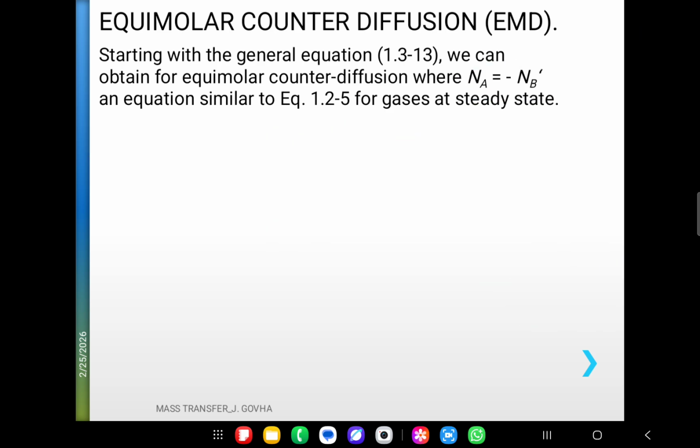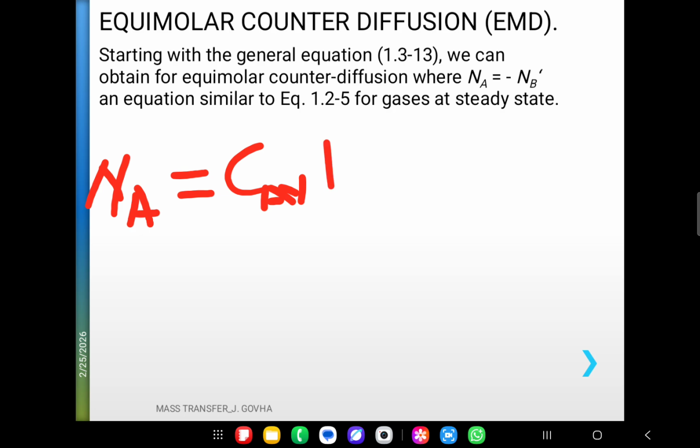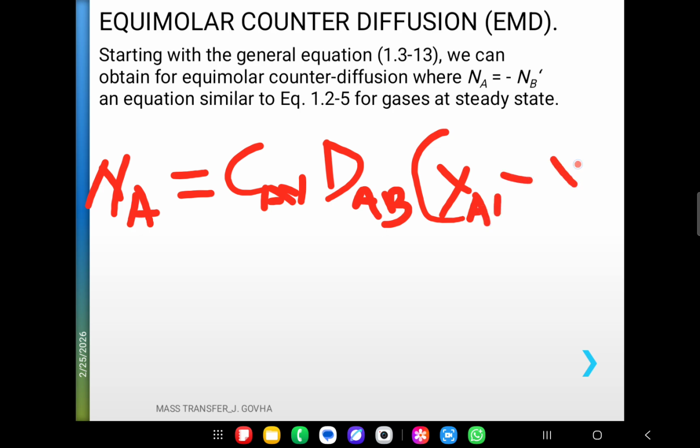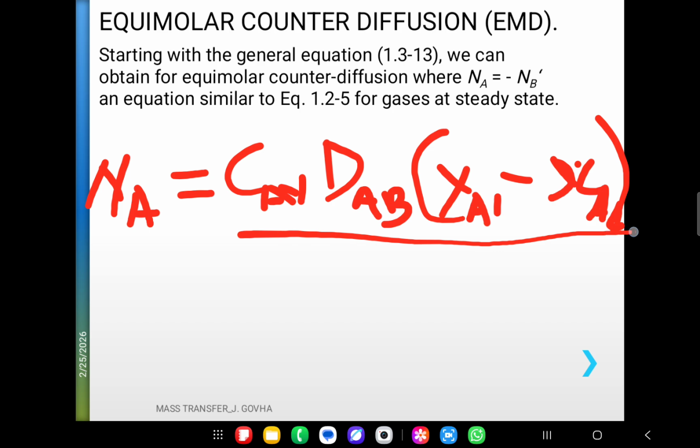So rewriting that now, NA equals CA average DAB, brackets XA1 minus XA2, all over Z2 minus Z1.